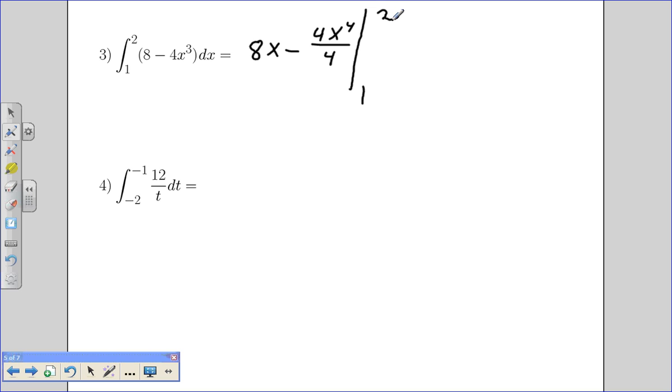Now if you want to, you can rewrite that as 8x minus x to the 4th from 1 to 2.